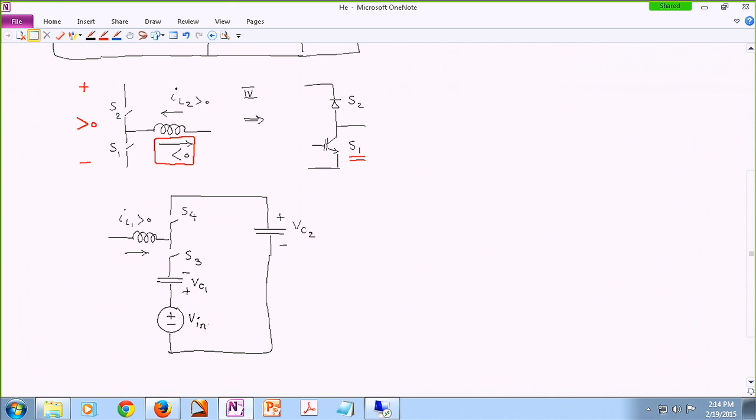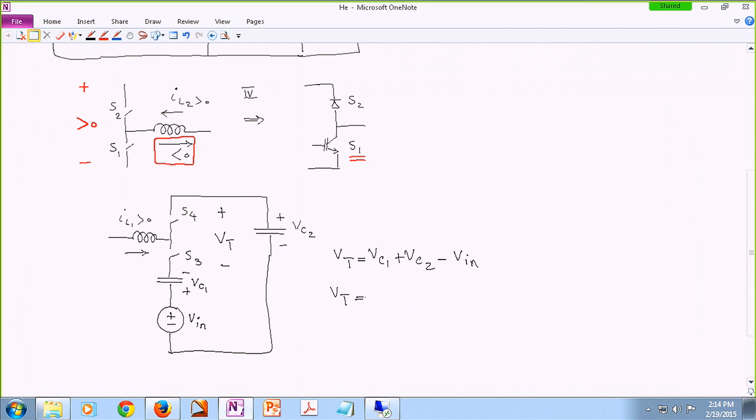Okay. All right, so if you basically narrow down your loop that is dictating the voltage of the throw, it's something like this. So you can actually argue that the throw voltage is VC1 plus VC2 minus Vin.